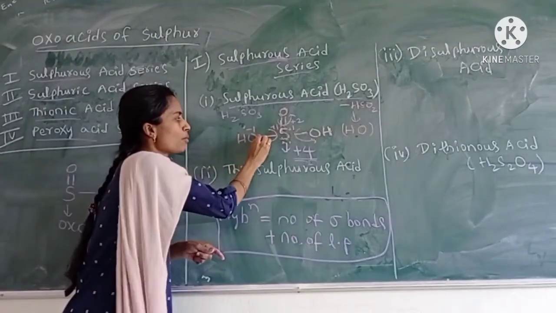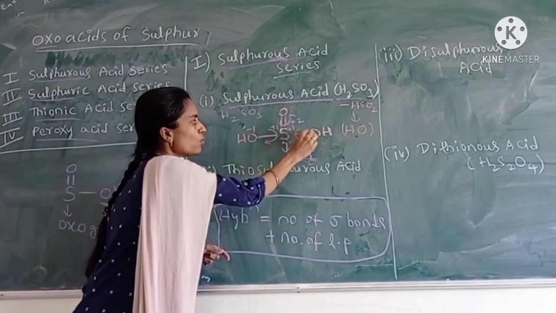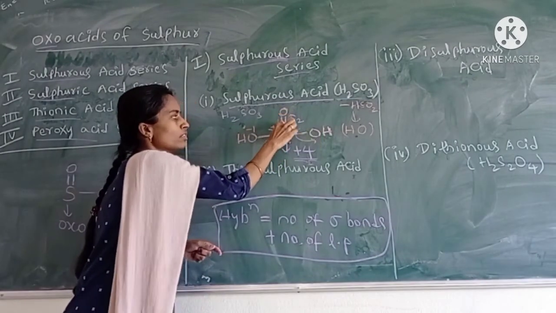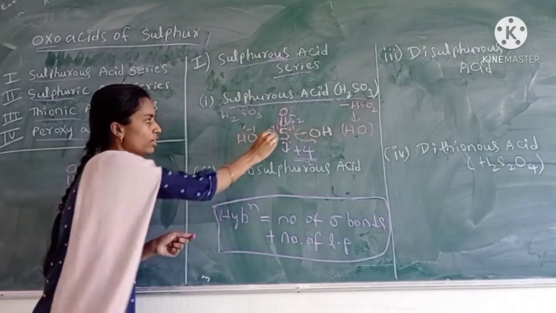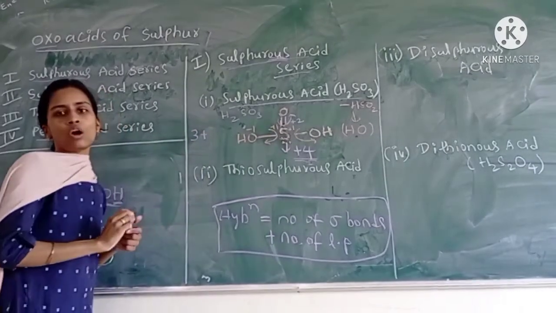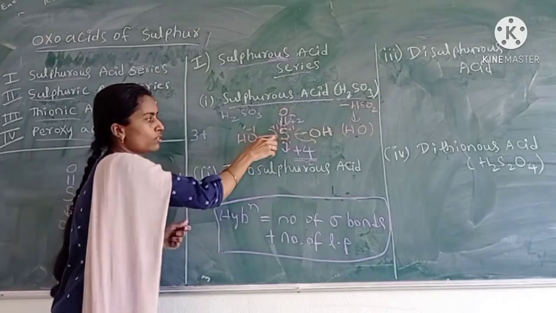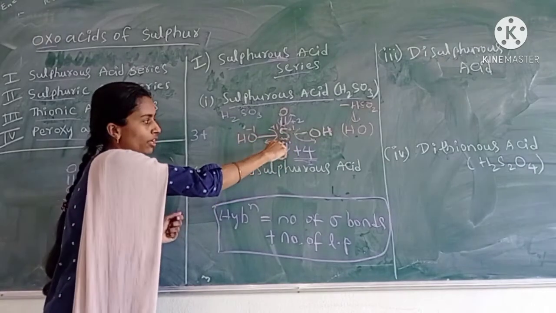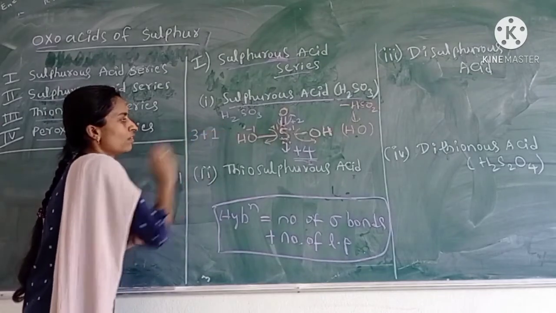So how many sigma bonds are there? Single bonds are sigma bonds, so 1 and 2, and in the pi bond, 3. In this case 3 sigma bonds are there, and how many lone pairs? 1 lone pair: 4 electrons are involved in bonding, so the remaining are 2 electrons, which is 1 lone pair.